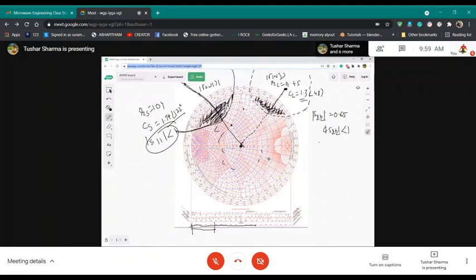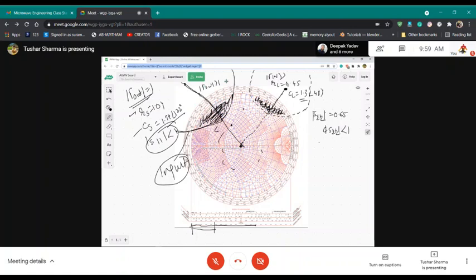Which one is the input stability circle here? Gamma in one, or gamma out one? This one. This is input. See, the input stability circle is given by RS and CS. When I say RS and CS, that is when we consider gamma out equal to 1.